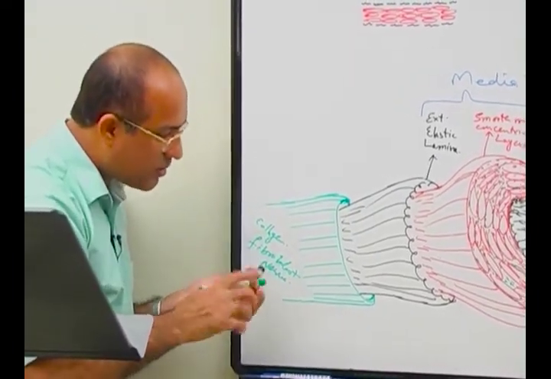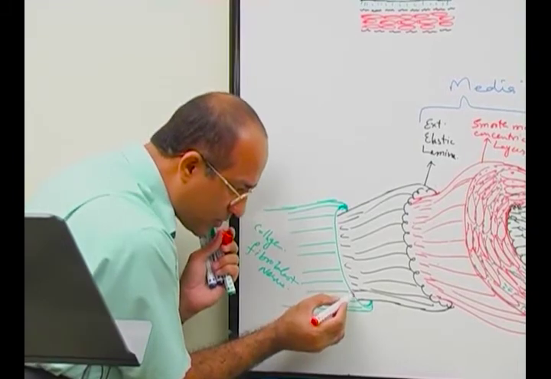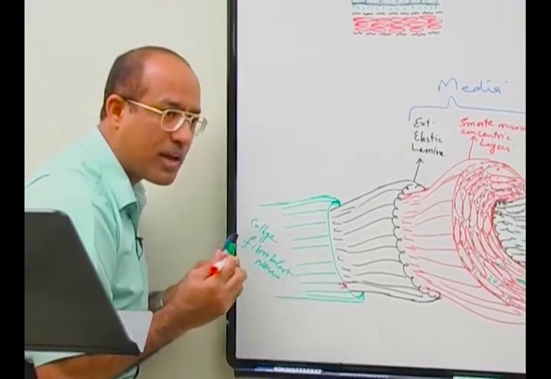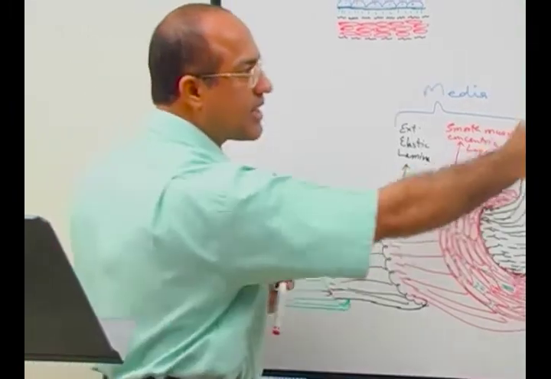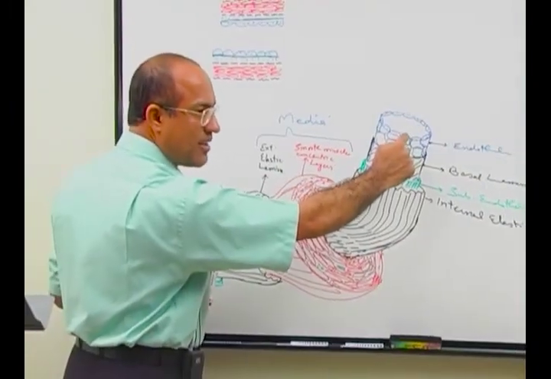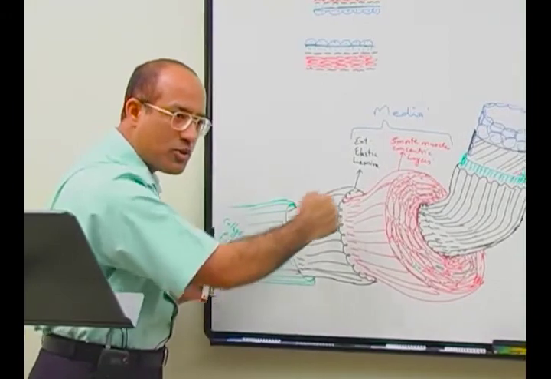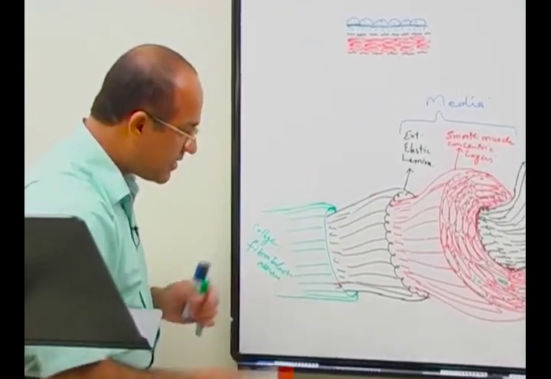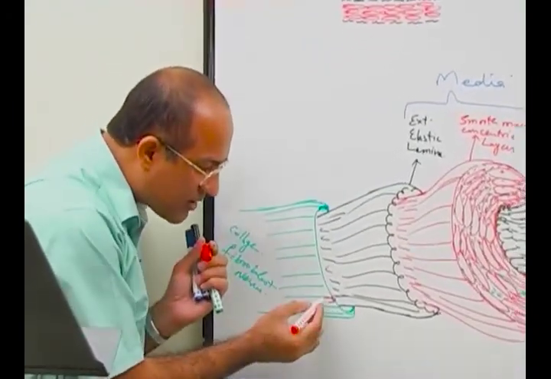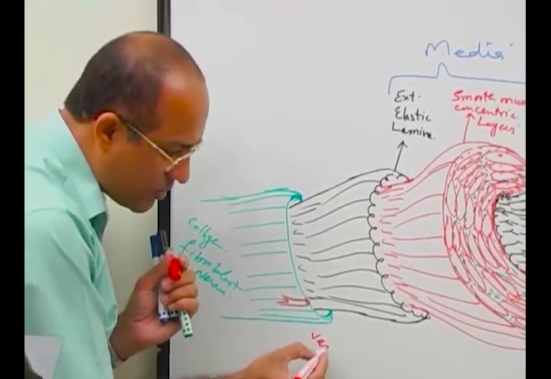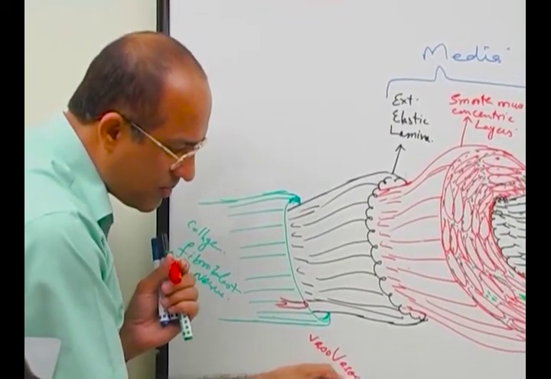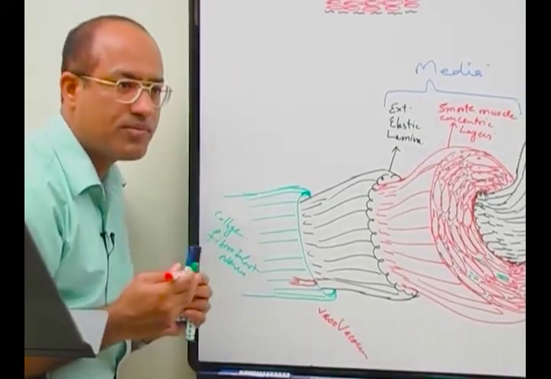Even in this layer, there may be very small arterioles giving blood supply to the outer part of the artery. Because the inner part of the artery can get oxygen directly from the blood, but the outer part of the artery needs its own blood supply. These vessels supplying the outer part of the artery are called vasa vasorum. Their branches may go up to the media, right?